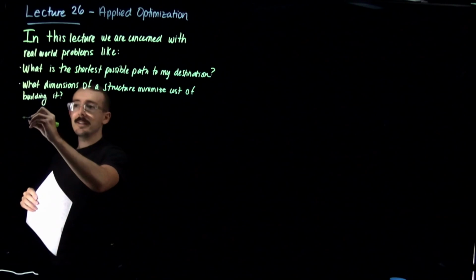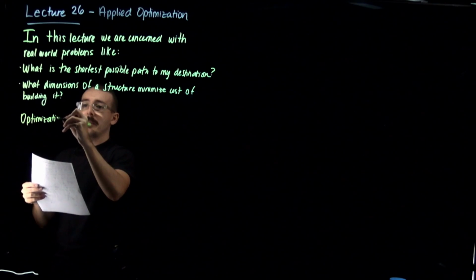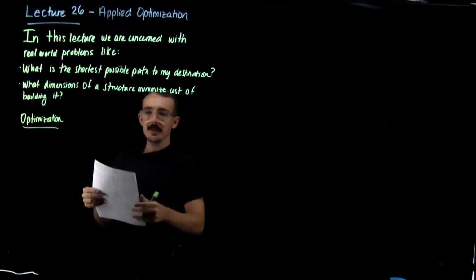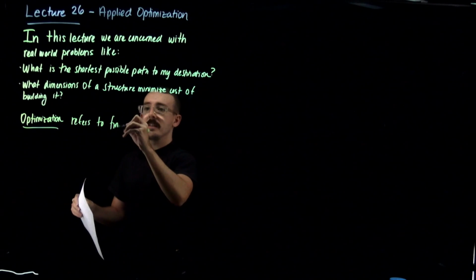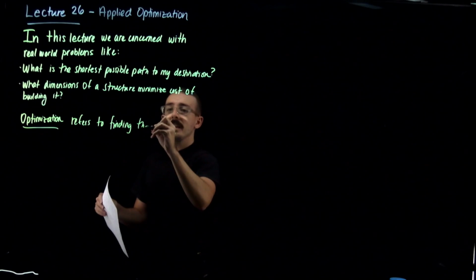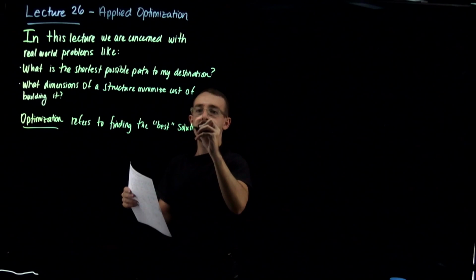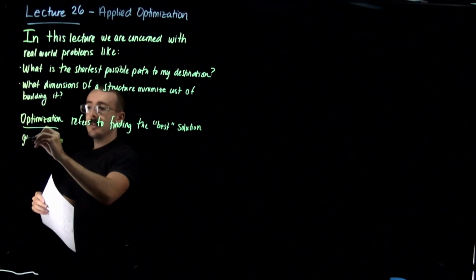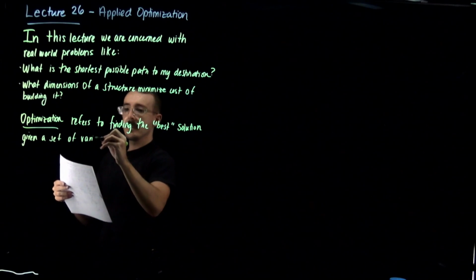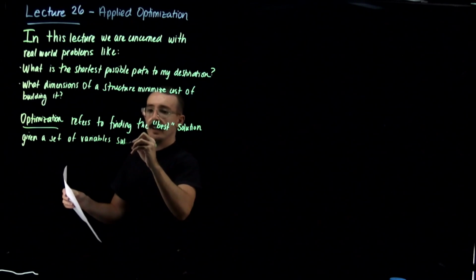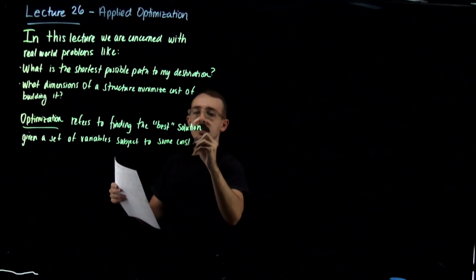So this whole process that I'm talking about is called optimization. I'm going to give you a kind of loose definition of what that is. Optimization refers to finding the best, in quotation marks, solution given a set of variables subject to some constraints.